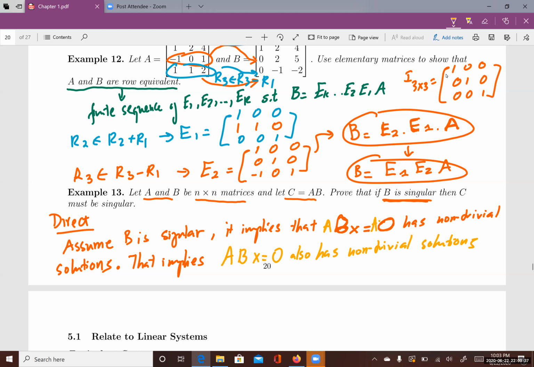So this is why the system ABx equals 0 has non-trivial solutions. Third, because A times B equals C, the system Cx equals 0 also has non-trivial solutions. Therefore, C is singular.